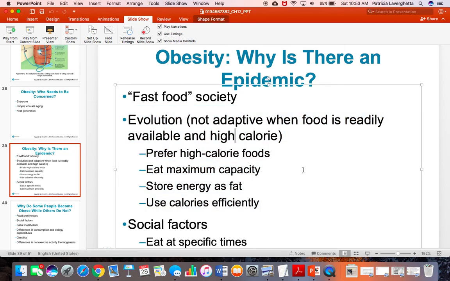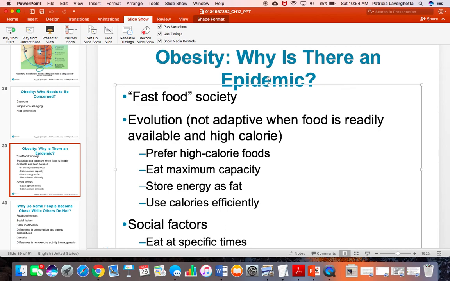This is the notion that our brains have essentially evolved to live in a society without food that's so readily available to eat. Because of that, we might be biologically prepared to just overeat because you never know when the next meal is. I don't know if I buy this one. There's problems with this, but the idea is that we have evolved to prefer high calorie foods that are fattening.